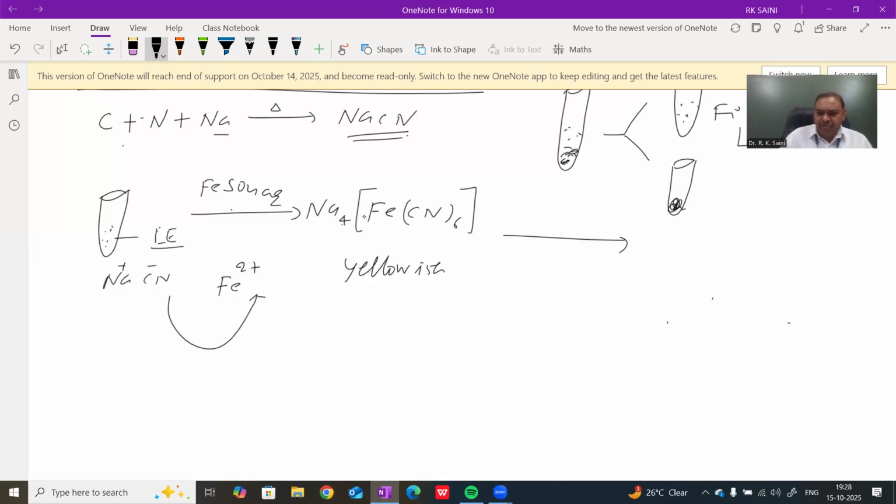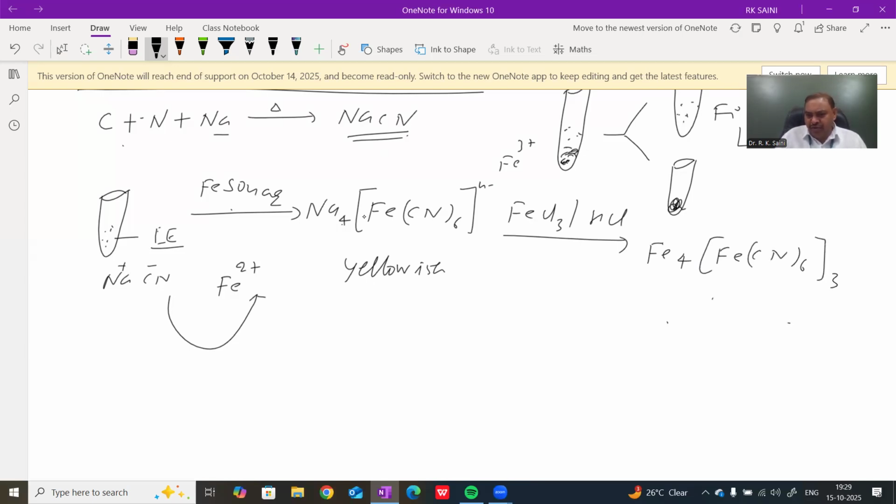Then further, we add ferric chloride in the presence of HCl. It makes another complex in which Fe+3 combines with this anion carrying -4 charge. Then we write the formula Fe4[Fe(CN)6]3.